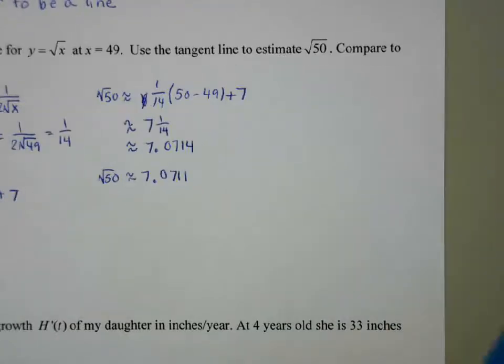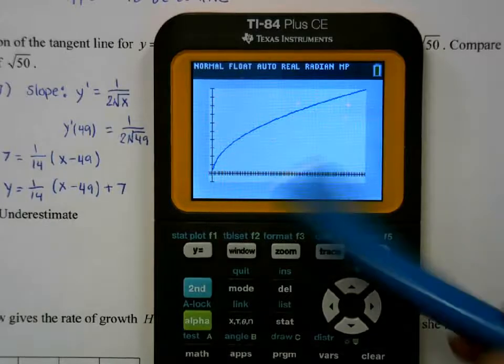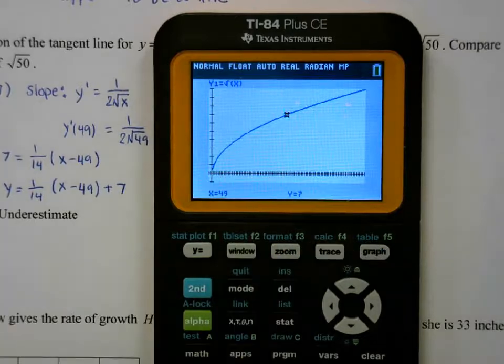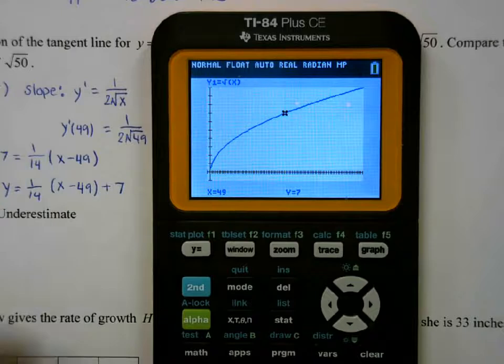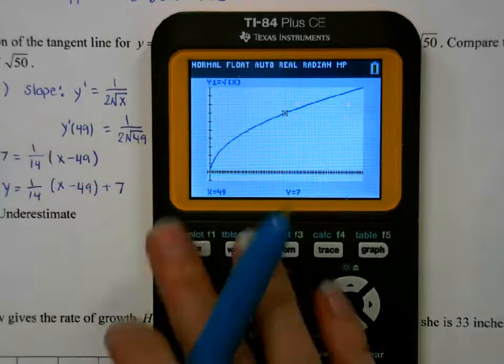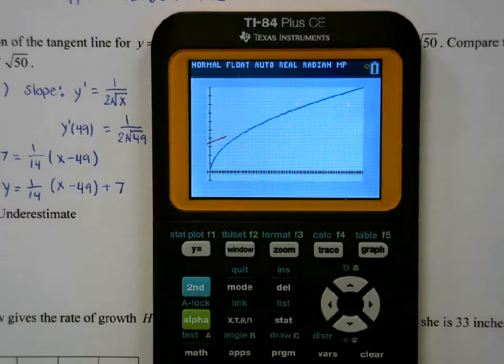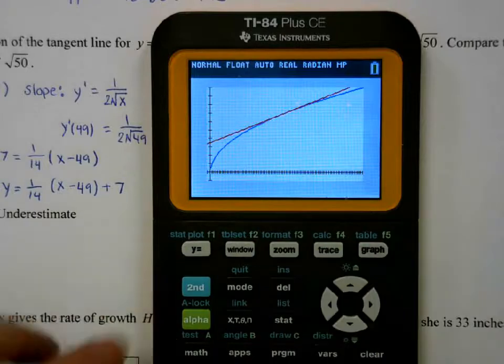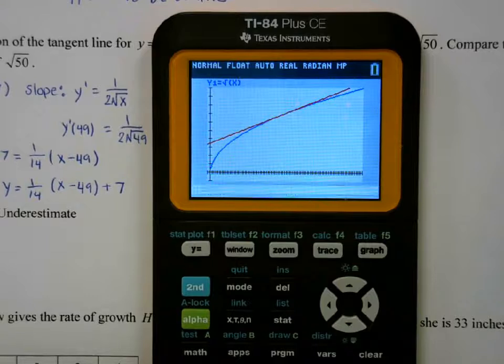Okay, well if you picture the graph of the square root of x, the graph looks like this. If I were to trace to 49, we're here at that point. So I'm going to go ahead and add the tangent line. Okay, so I added the tangent line that we found, and if I graph that right on top, so we've got that there. So if I trace to 49, we're right there.